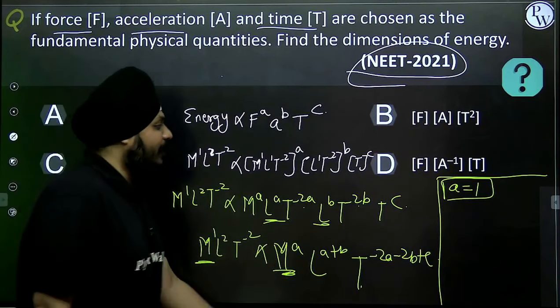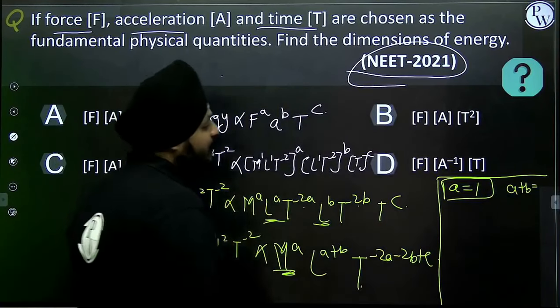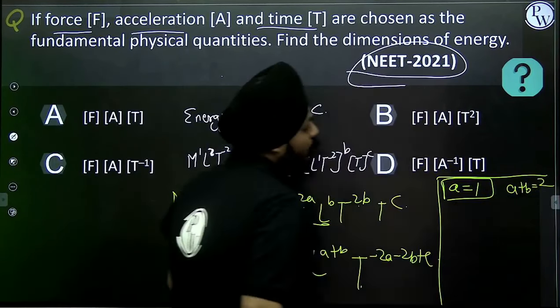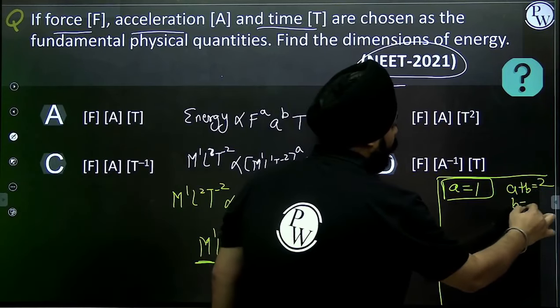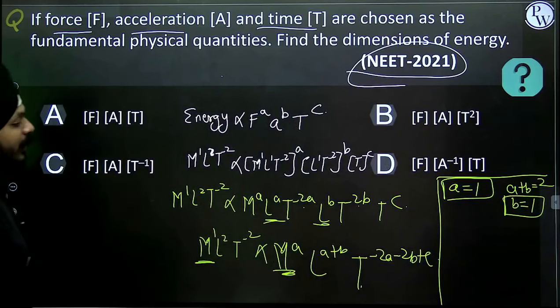Comparing the powers of L, A plus B is equivalent to 2. A is equal to 1, so B is equal to 1.